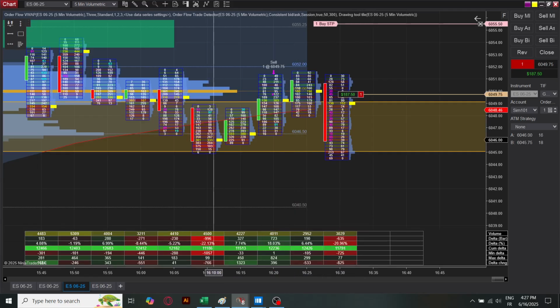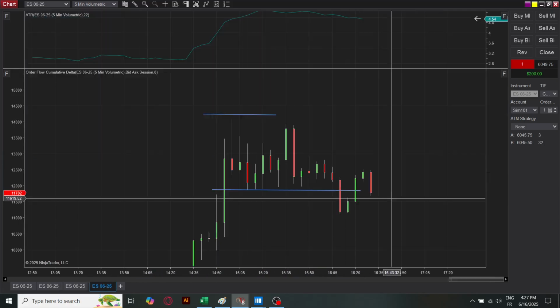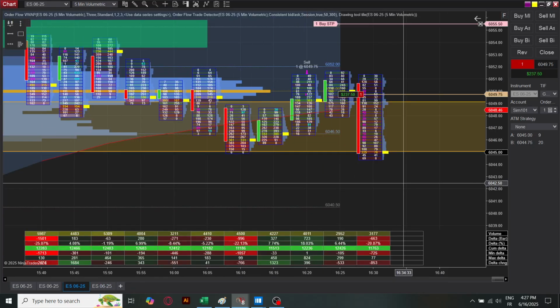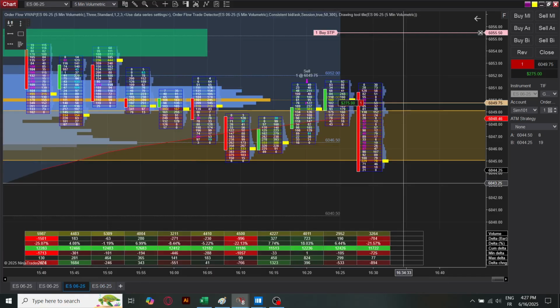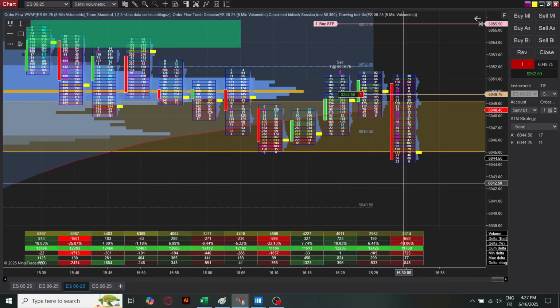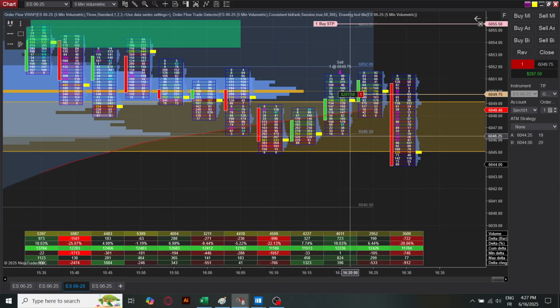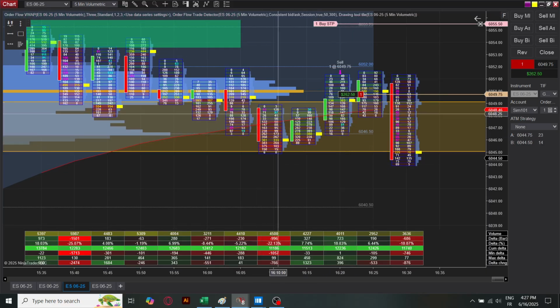Anyway, I think, it's not I think, but the odds are with us. And we spotted a nice iceberg order, and we're in a premium zone, so it means taking a sell here is better, even if the bias is bullish.